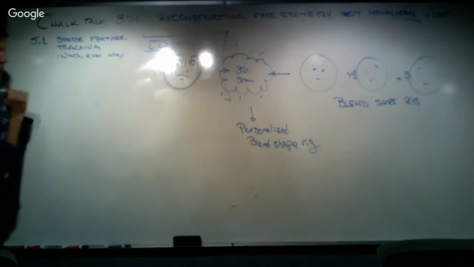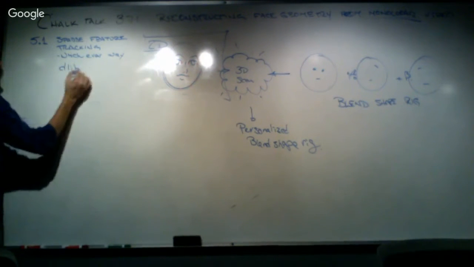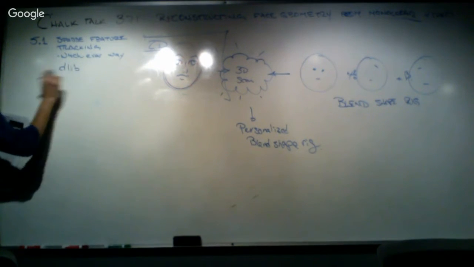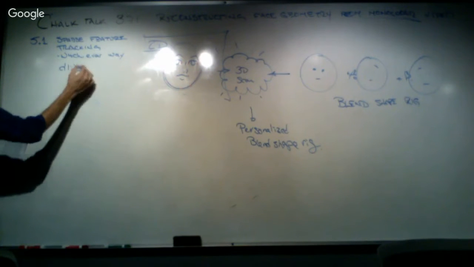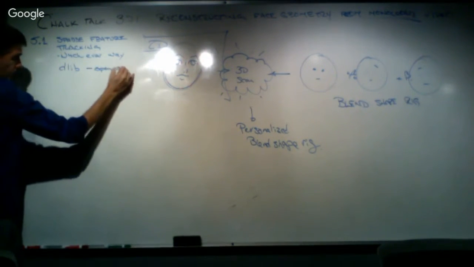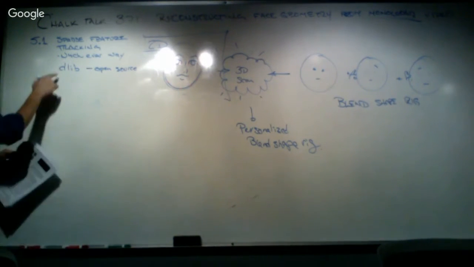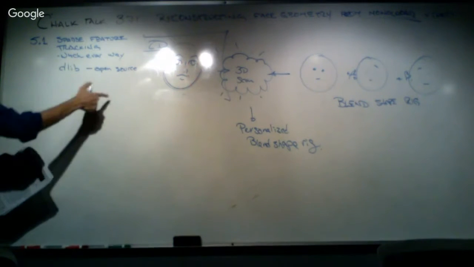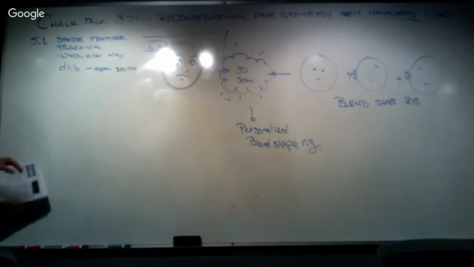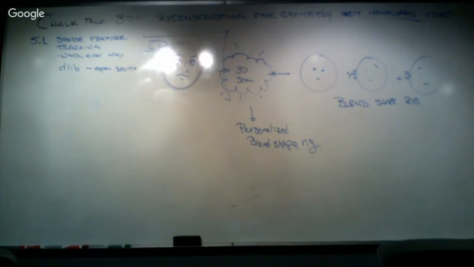And the best way to do it is dlib. Dlib, I don't know if it's dlib.com or dlib, but it has an open source version of this. It works quite well. The library dlib, you can just download it, shove an image at it, and it'll spit out the location of these red dots for you.